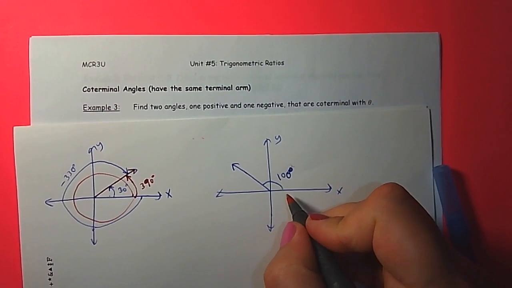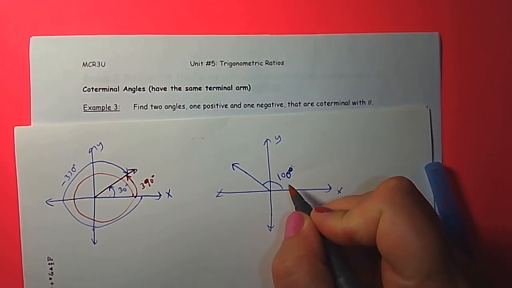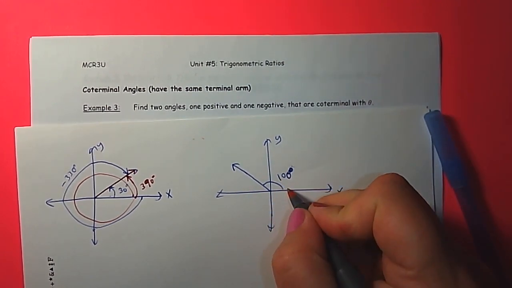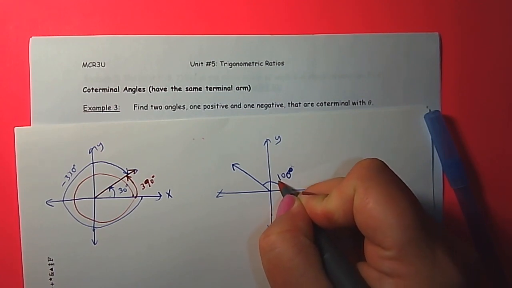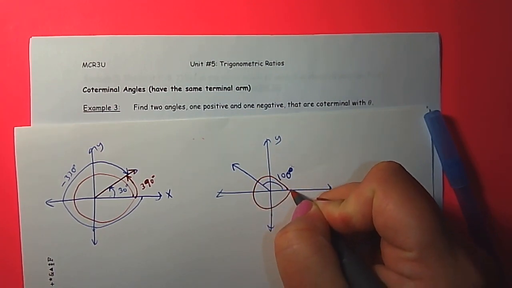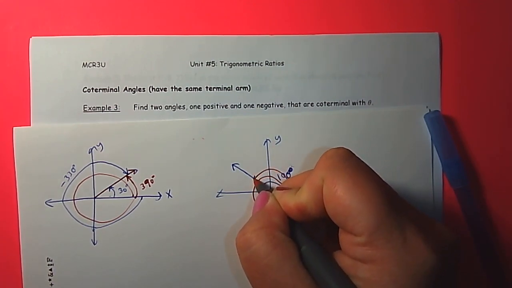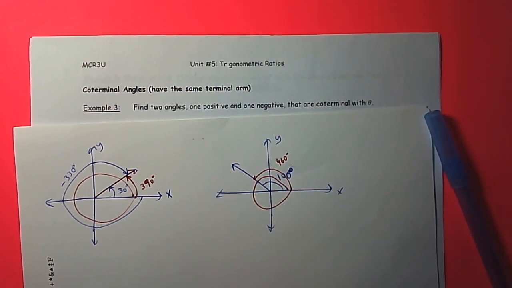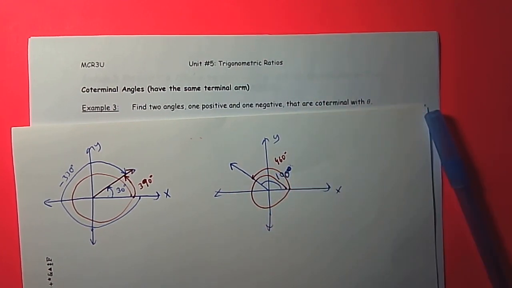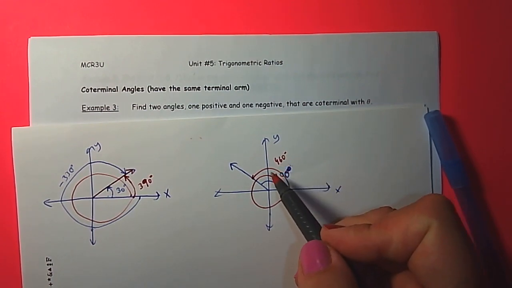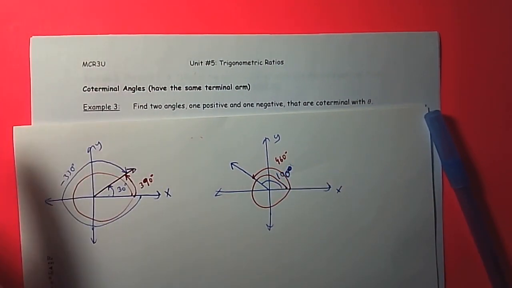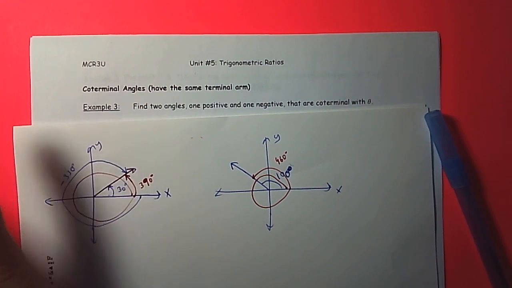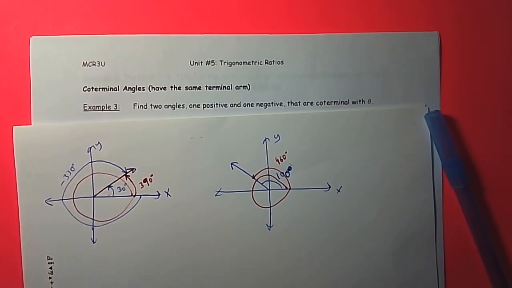If I add 360 degrees to 100, that gives me 460 degrees. So 100 and 460 are coterminal angles. Or I can add one more 360 to this. So 460 plus 360 gives me 820.